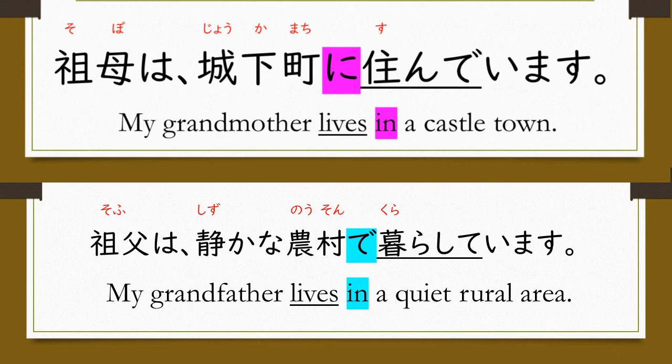The English is the same, lives in. But in Japanese, there are two expressions. に住んでいます and で暮らしています。住んでいます is more like talking about the place you live in. That's why you use に, place to live. 城下町に住んでいます versus 農村で暮らしています。When we say 暮らす, our image is life.